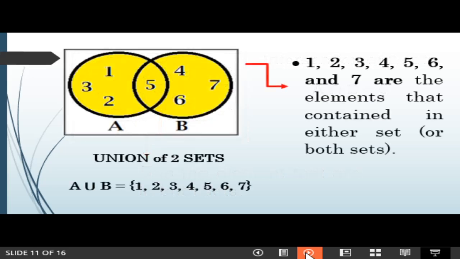This is how you draw a Venn diagram when you are asked to show the union of two sets. As you can see, both A and B and the intersection part are shaded. And this rectangle that encloses the two sets represents the universal set.